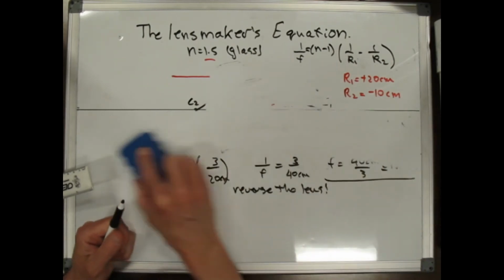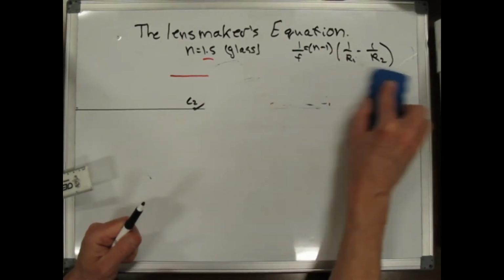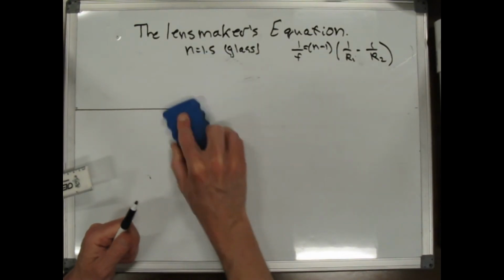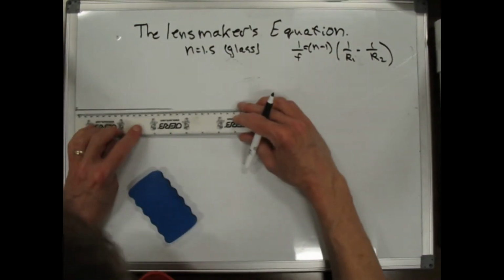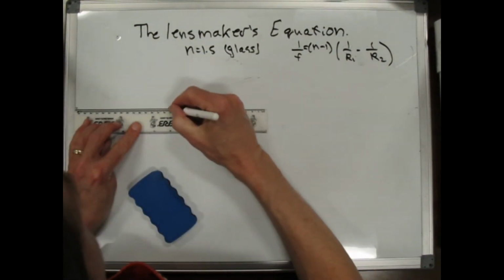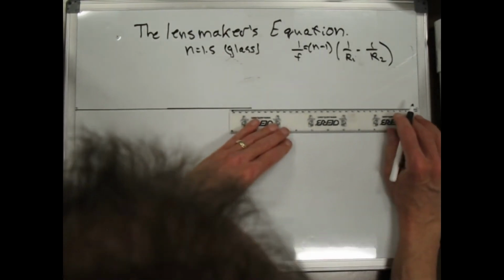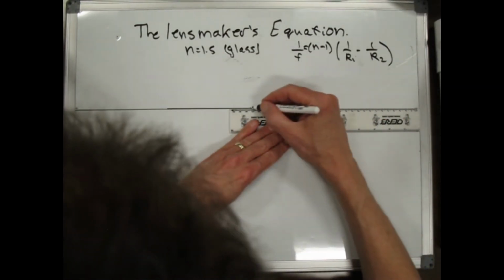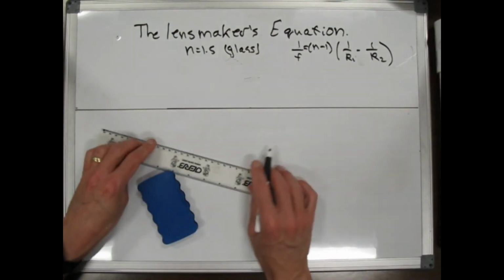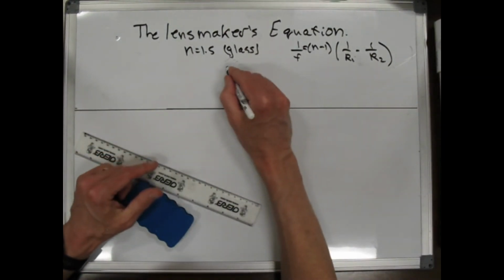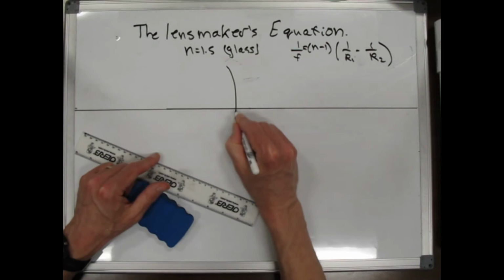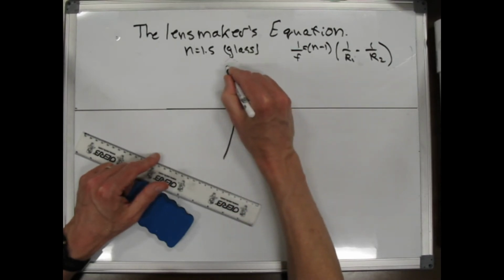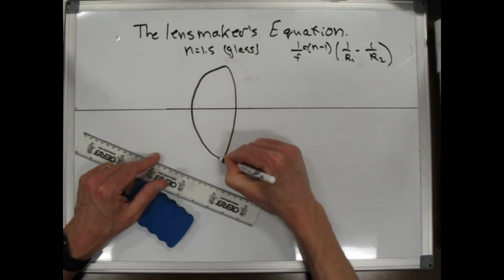All right, I'll just erase the whole thing. Too complicated. Put this guy back in. So now I've got the long radius of curvature on this side and the short radius of curvature on this side, right?